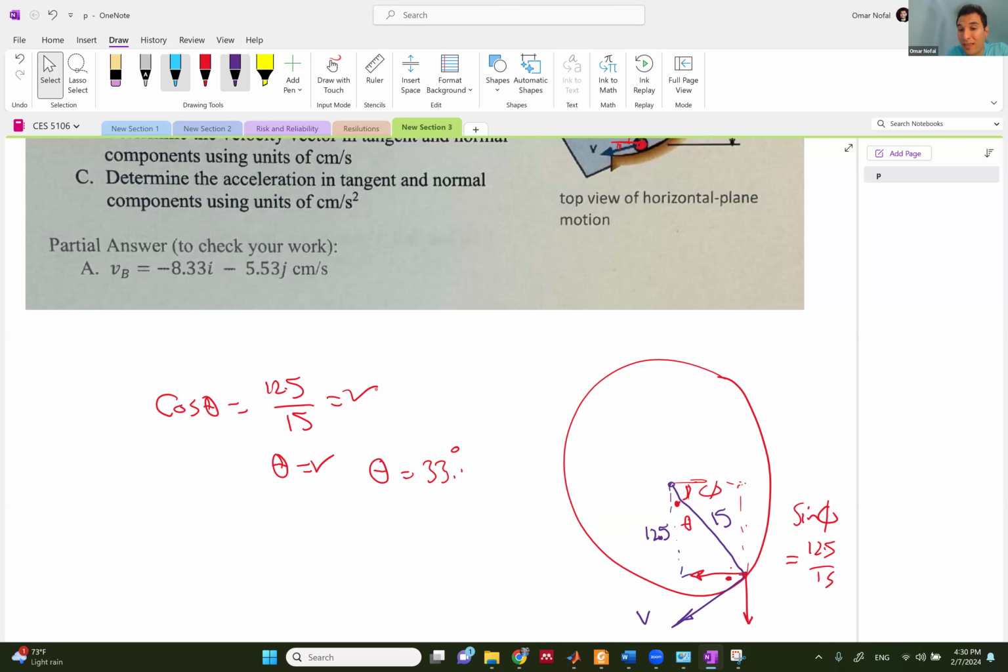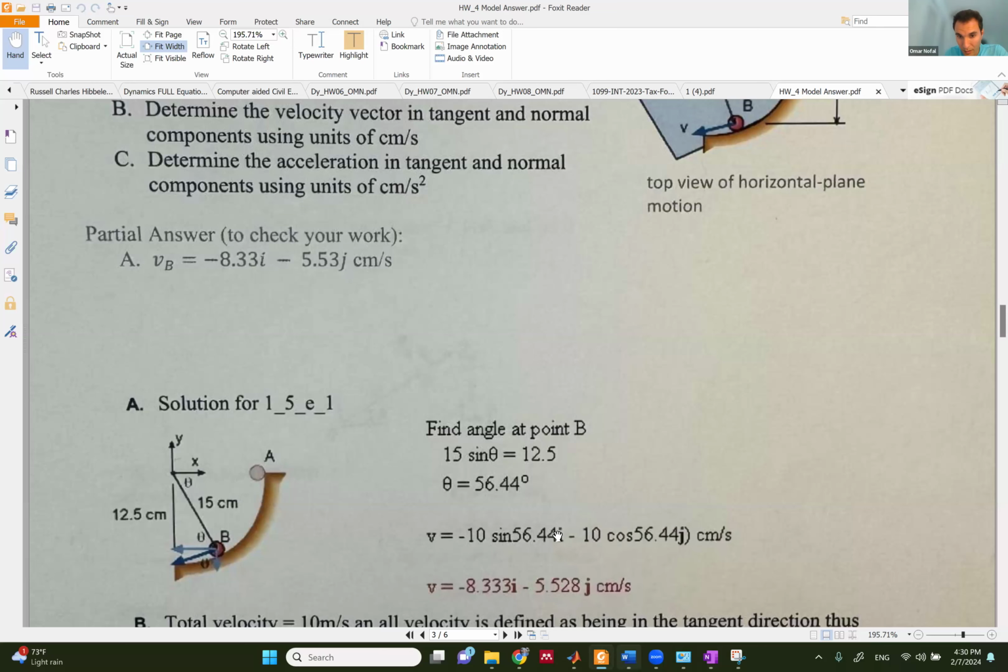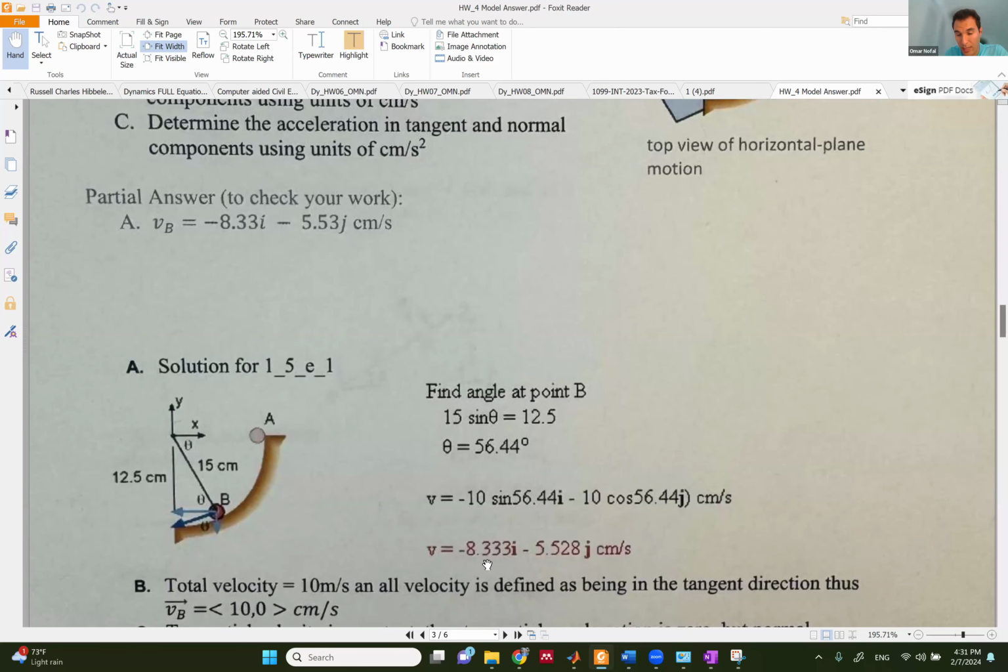So once you get theta, you can get the velocity: Vx is going to be V cosine theta, and Vy is going to be V sine theta. And then you get the x and y components of the velocity, the same way that I did it. Vx you put in the i direction, and Vy you put in the j direction. So this is the first requirement.